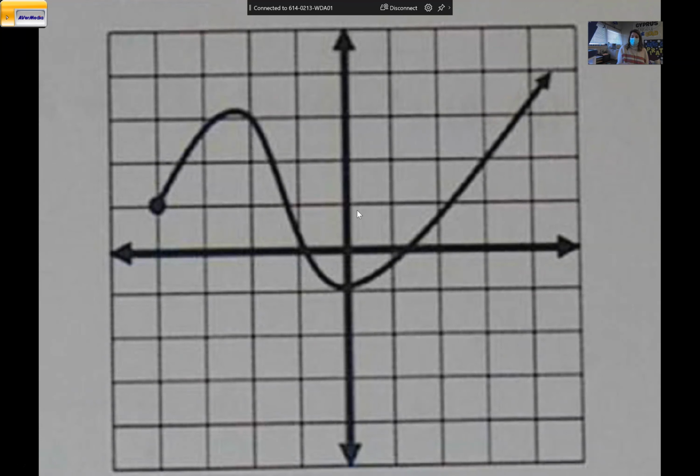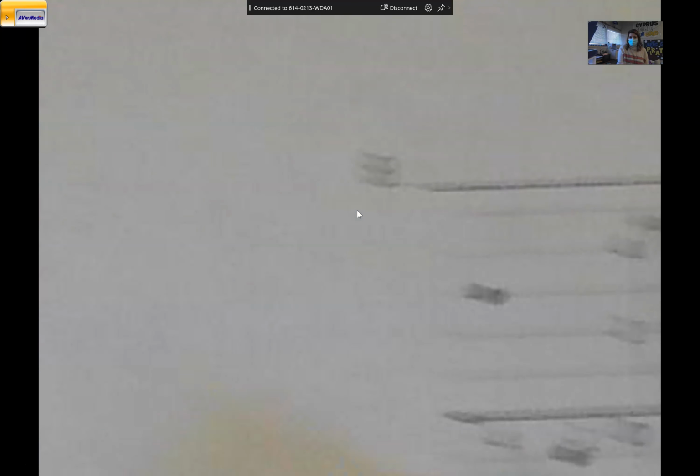The negative 4 has a bracket. Okay, last one.